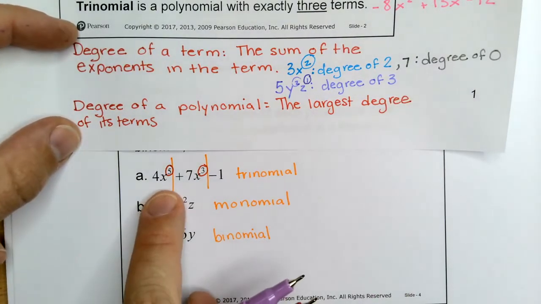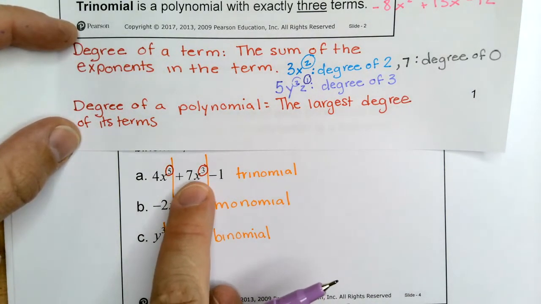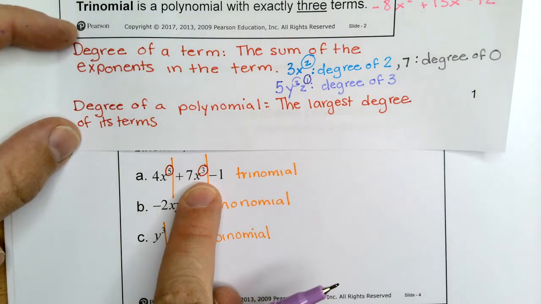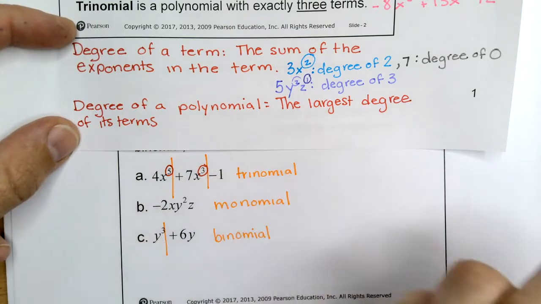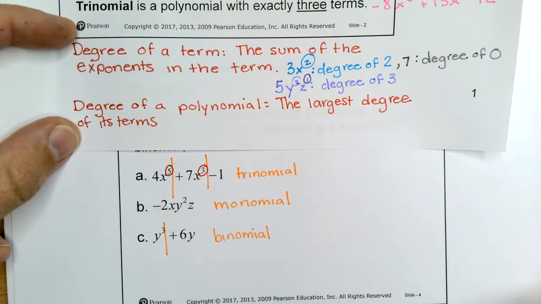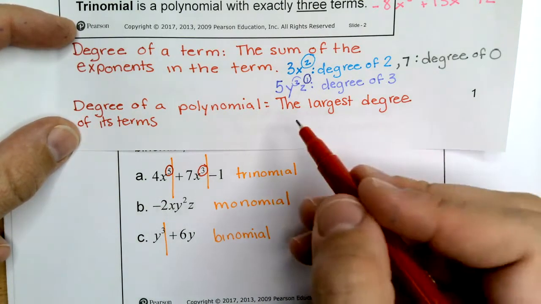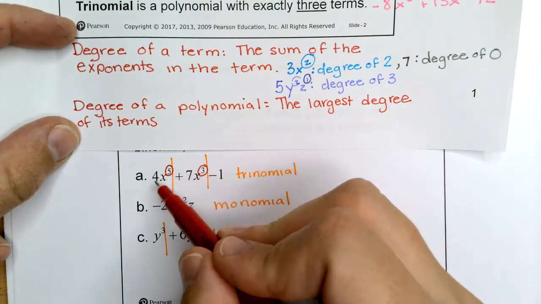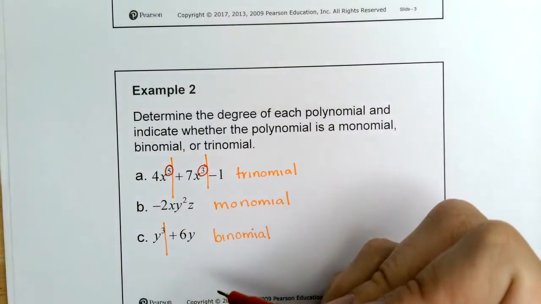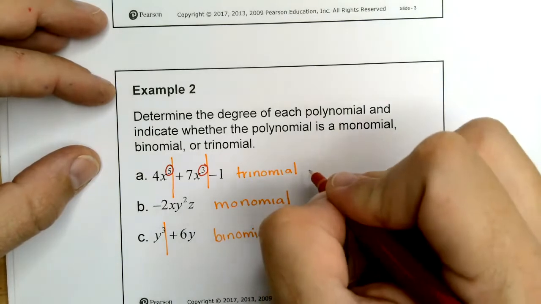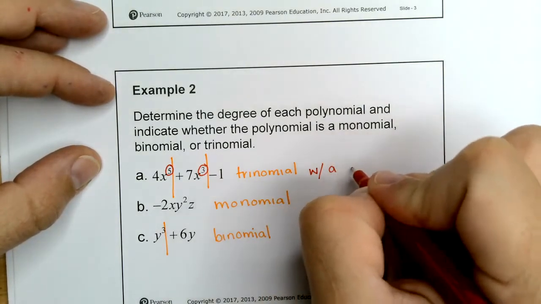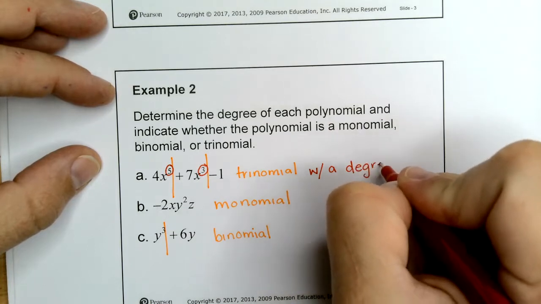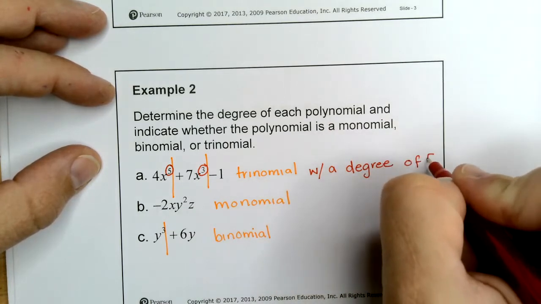So 4x to the 5th has a degree of 5. 7x to the 3rd has a degree of 3. So we say a trinomial with a degree of the biggest term, or the largest degree. Sorry, that's confusing. The largest degree is the degree of the polynomial. So we say trinomial with a degree of 5.